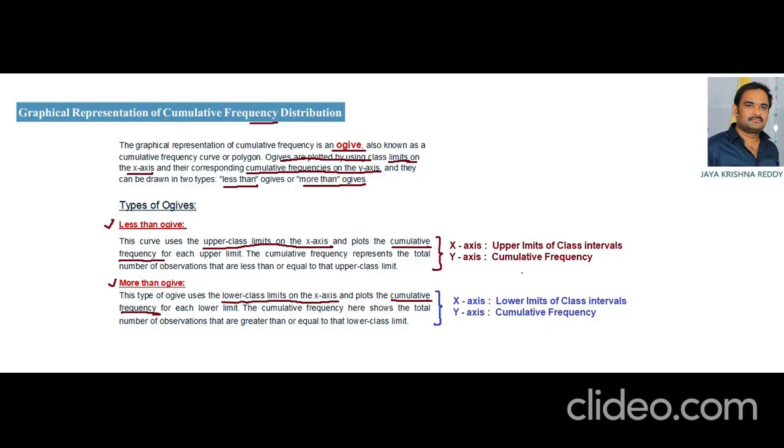The difference is in the x-axis values. For the less than ogive we take upper class limits, and for the more than ogive we take lower limits of the class intervals. By drawing these ogives, we can also find the median of the given data.